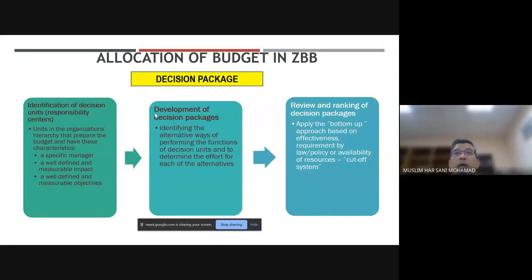But for, let's say, defense, what is the best alternative to deliver so that they can have good defense? That's the development of the decision package. Based on this, they review the package to see what is the best alternative. The best feasible way will be selected as the program and activities, and then funding should be provided for all those activities.